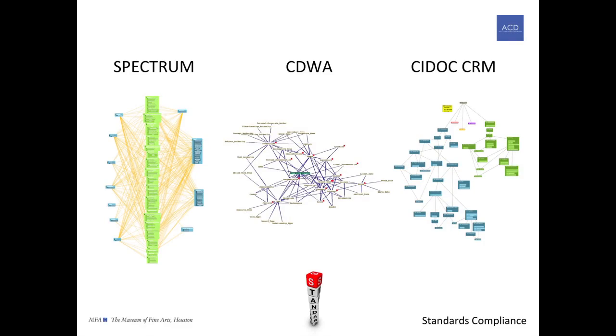So far to date, a lot of our time has been spent on understanding the different standards that are out there for cultural history information. Spectrum, CDWA, and the CIDOC CRM are the three main ones that we've studied, and are trying our best to be compliant with.